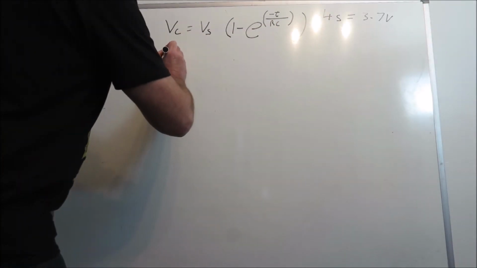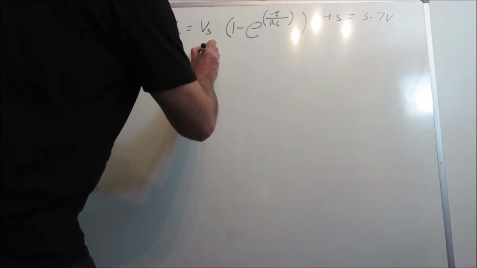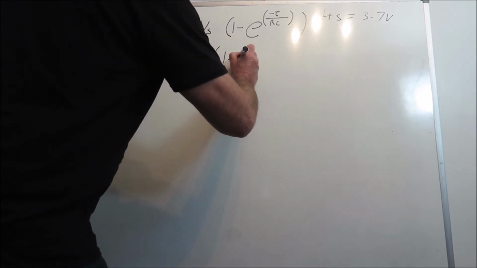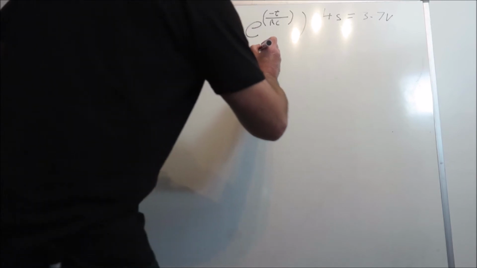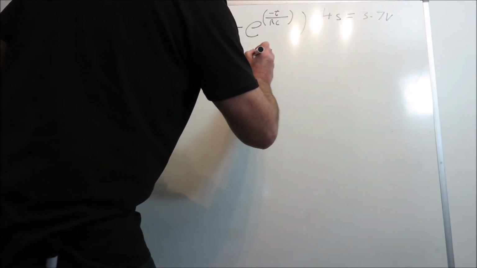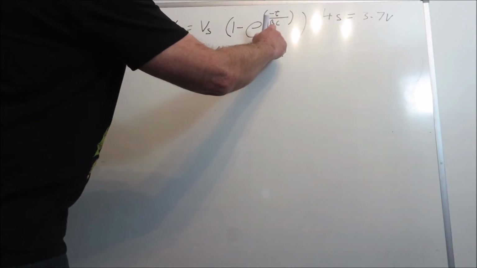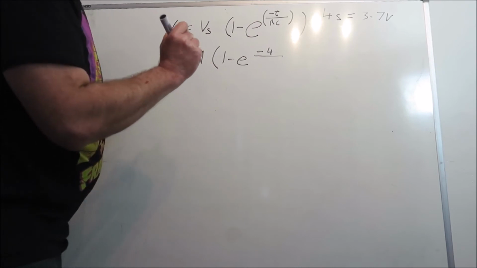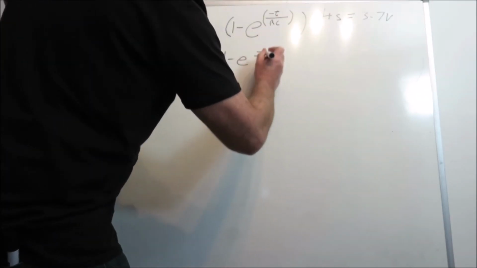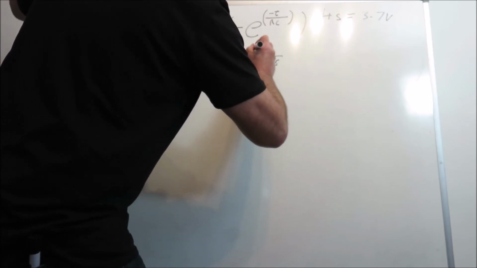So we say V capacitor, if we start putting our numbers in, V supply is 9 volts. 1 minus e to the minus t, so we're going to say that's 4, because it was after 4 seconds, minus 4, divided by RC, which is the resistor value and the capacitor value, and that's our time constant. So we calculated that out as 7.05 seconds.